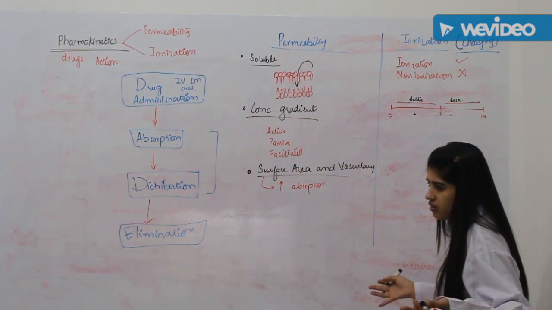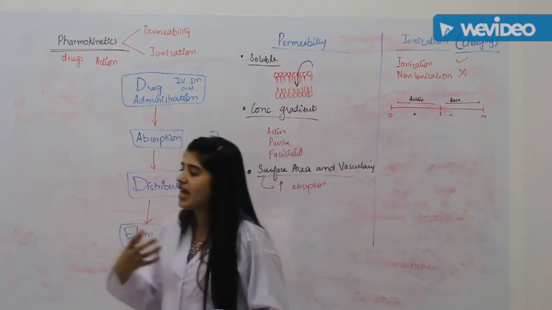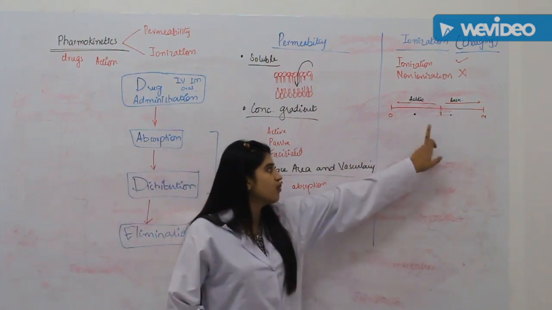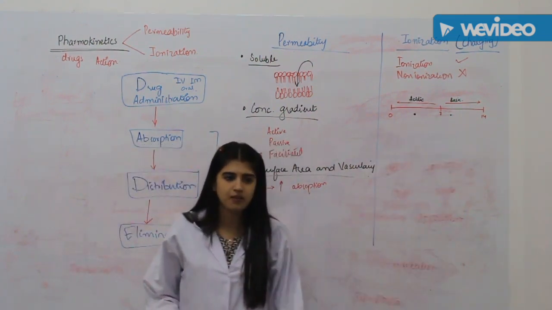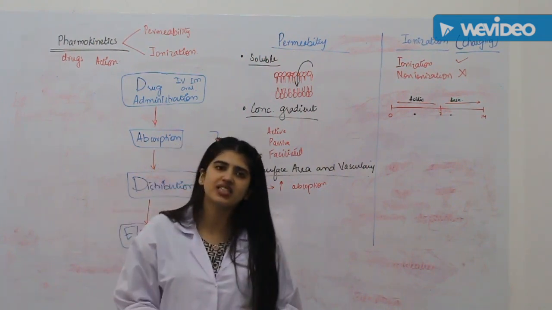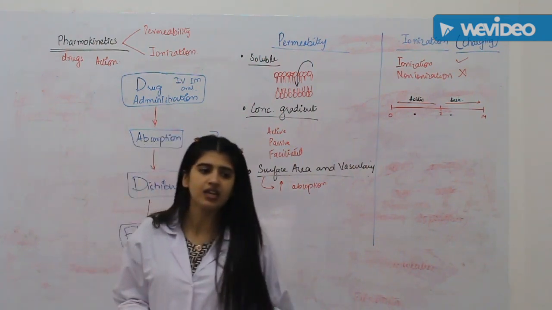So simple. Now, what is the clearance by the kidney if the drug is a weak acid or a weak base? How does it happen there? Some of the weak acids are aspirin, penicillin, cephalosporin.